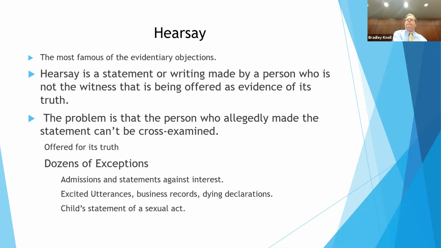Bill Van Dyke testifies that Rachel Smith told him that she saw the defendant leaving the house shortly after the robbery. All right. Bill Van Dyke is the witness. He's testifying as to what Rachel Smith told him. That's hearsay.